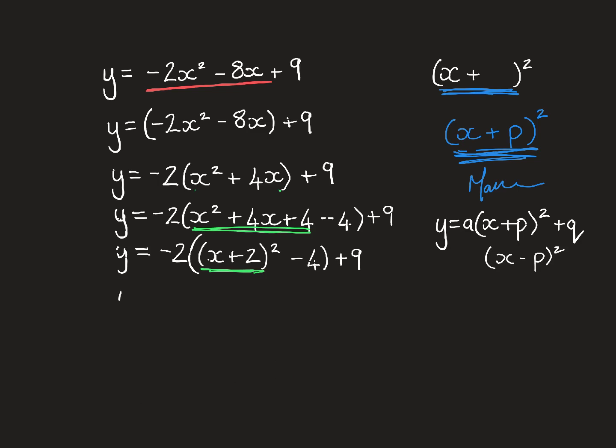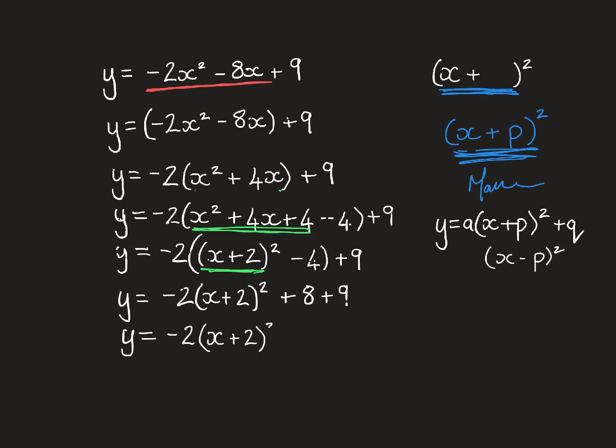We're going to do that by multiplying -2 by x plus 2 squared, and then -2 by -4 gives me add 8, and then I'm going to add 9, and my final answer is going to be y equals -2 times x plus 2 squared plus 17. That means our turning point is going to be -2 and 17.